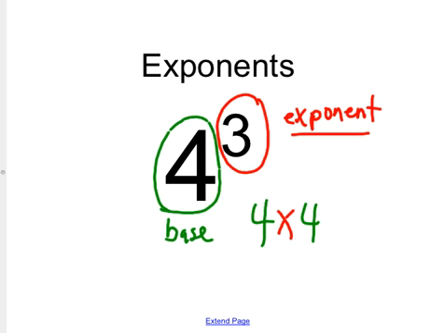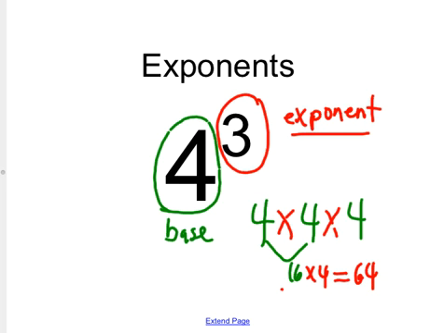So this would be 4 times 4 times 4, and that is what an exponent actually means. 4 times 4 is 16, and then I would be multiplying that times 4 again, which gives me 64. So this is equal to 64.